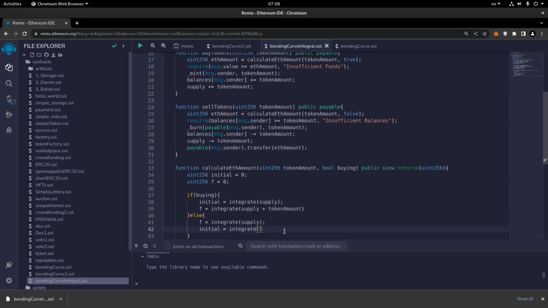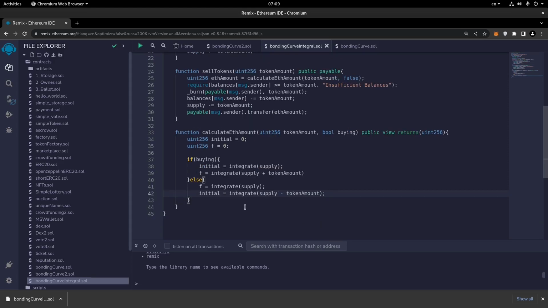So now the initial value, because it is a smaller value than the total supply, will be the supply minus token amount. Supply minus token amount. So you can write it in a different way. You can write the initial equals to integrate supply, and the final value integrate of the supply minus token amount, and that will be fine. But notice that the resulting value will be negative, and here I do not want it to be negative, so that's why I'm doing it.